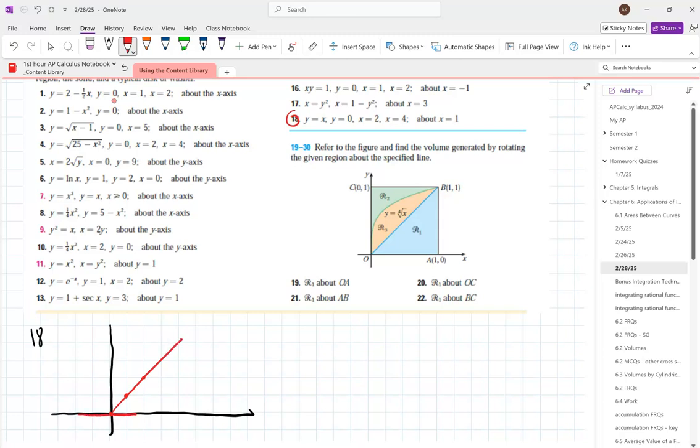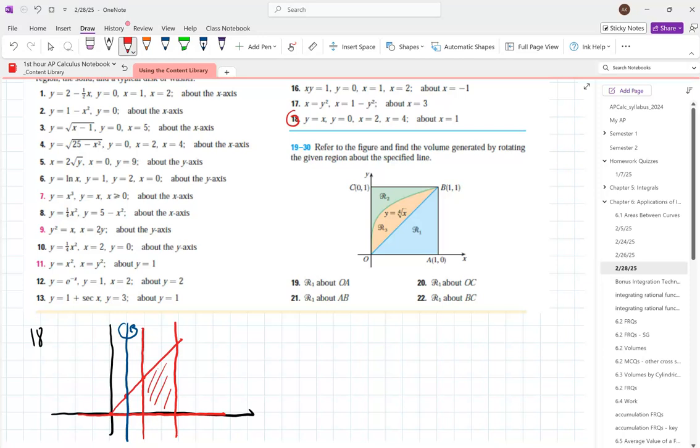Y equals 0 is just the x-axis. X equals 2 is there. X equals 4 would be there. And then we're rotating about x equals 1. So my region that we're rotating is that.